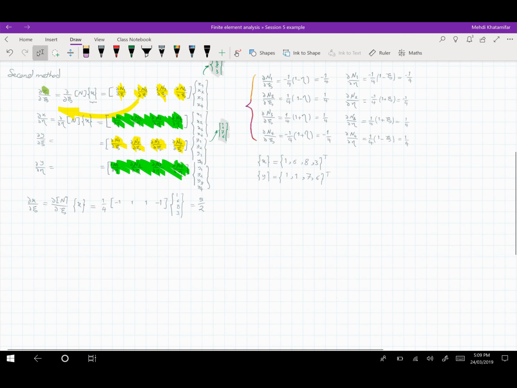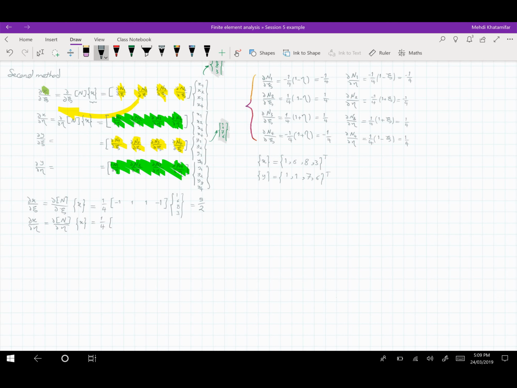Now I'm going to find the derivative of x over eta, which is going to be the derivative of N over eta multiplied by these nodal values, and it is going to be again 1/4.